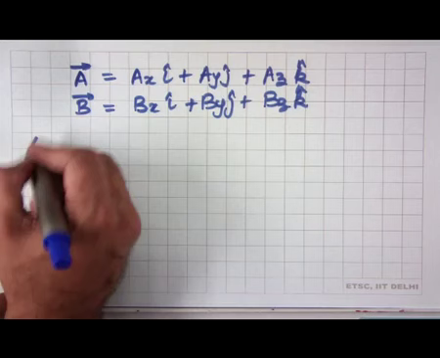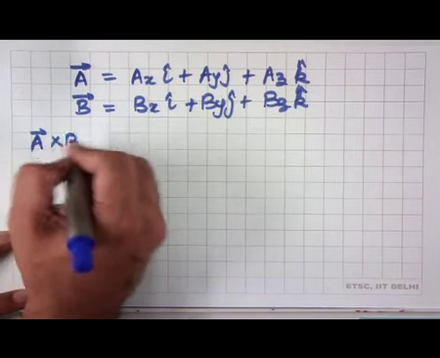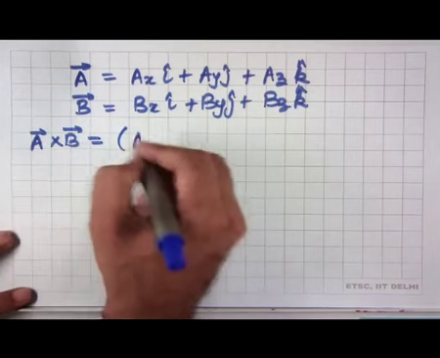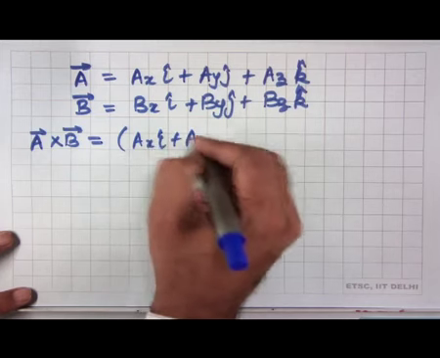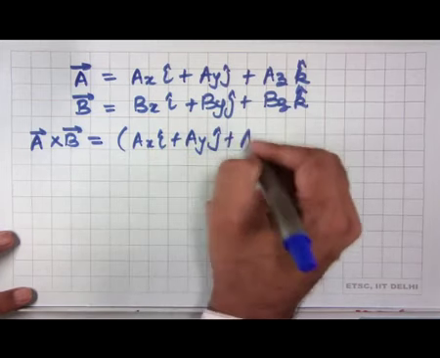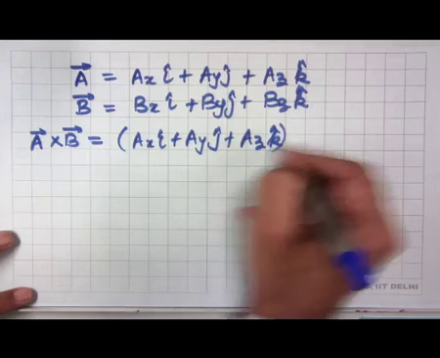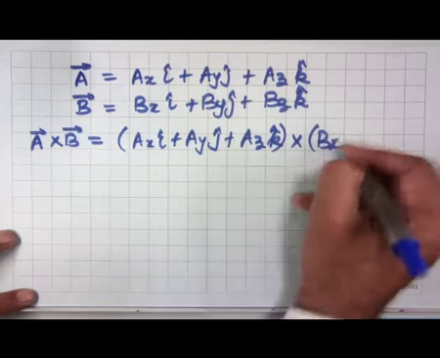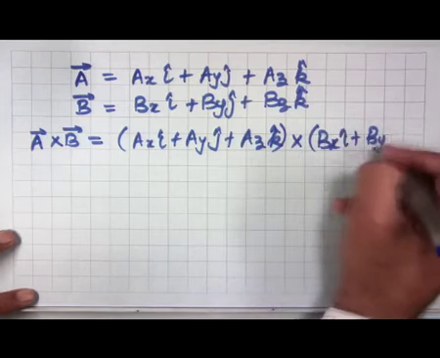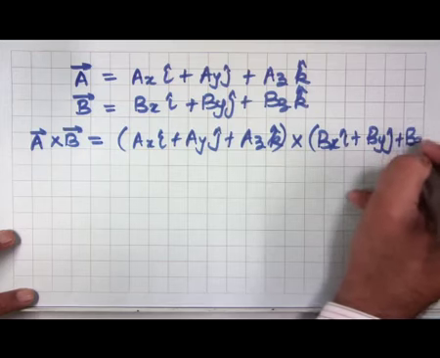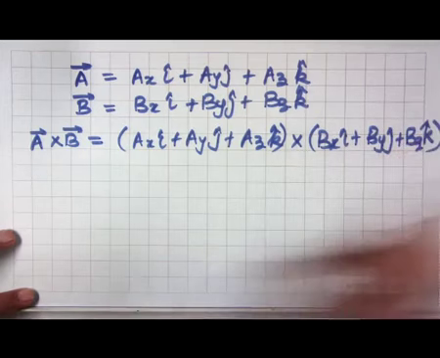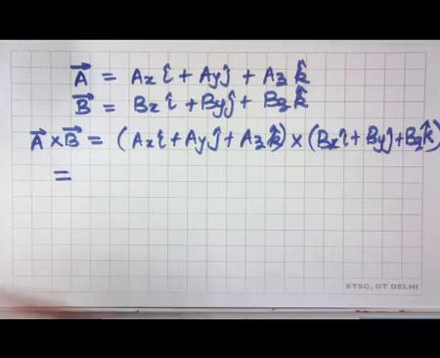So, then we can write A cross B as AX i plus AY j plus AZ k crossed with BX i plus BY j plus BZ k, and this one we can then expand.